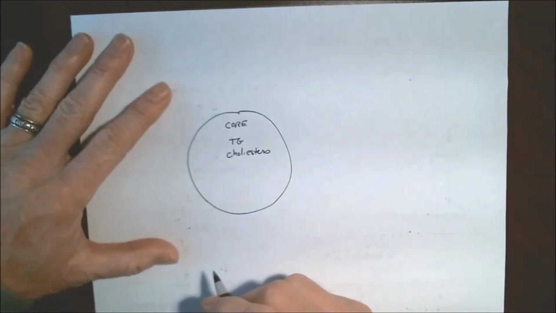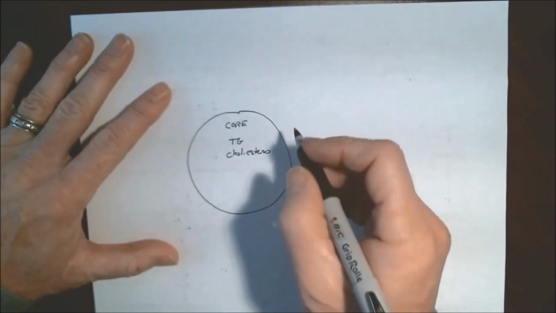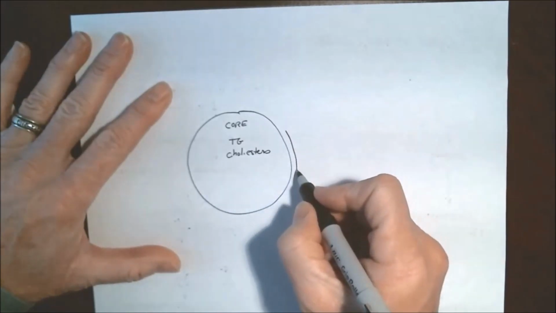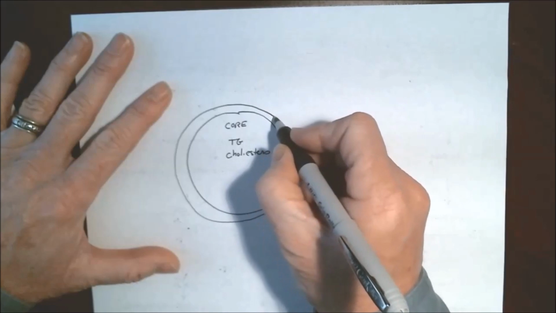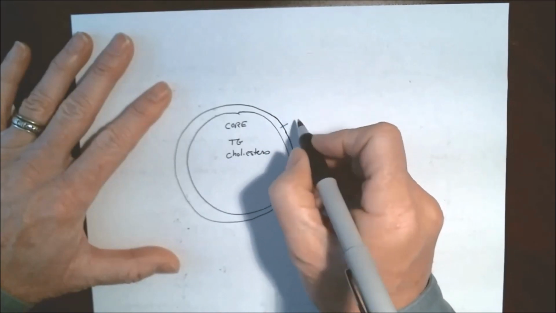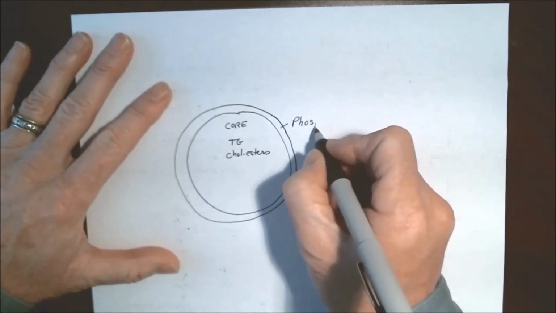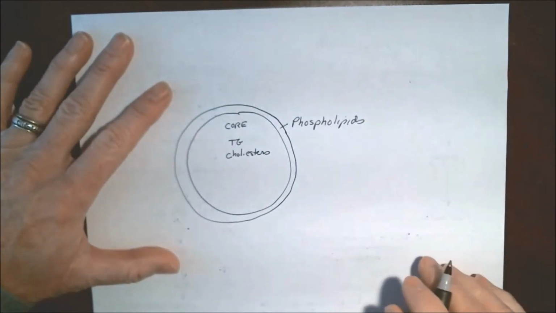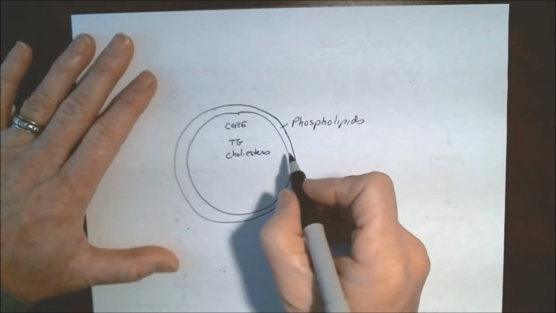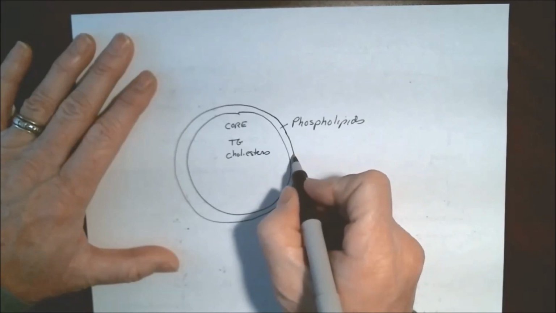This is going to be the hydrophobic core. On the outside, we are going to have a layer of primarily phospholipids, and we can also have some free cholesterol.